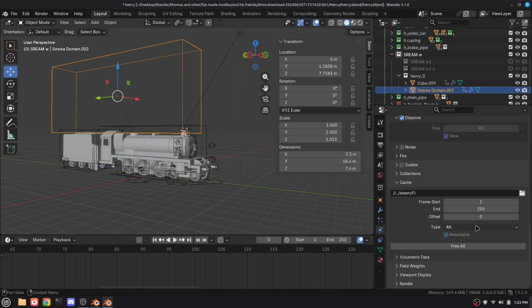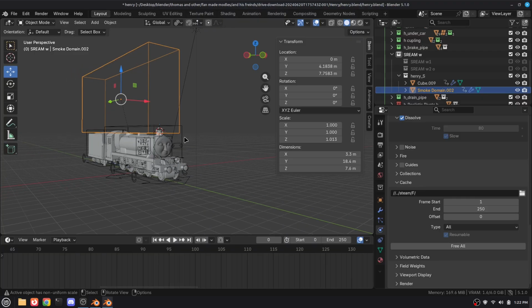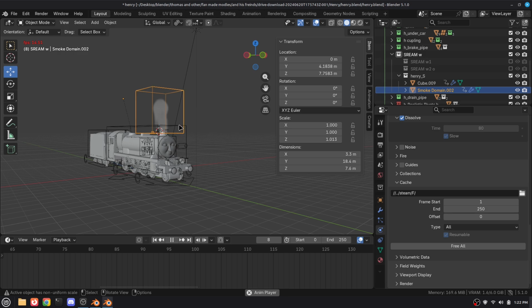So basically, in Blender 5.1.0, it should be doing this, like in the other versions.